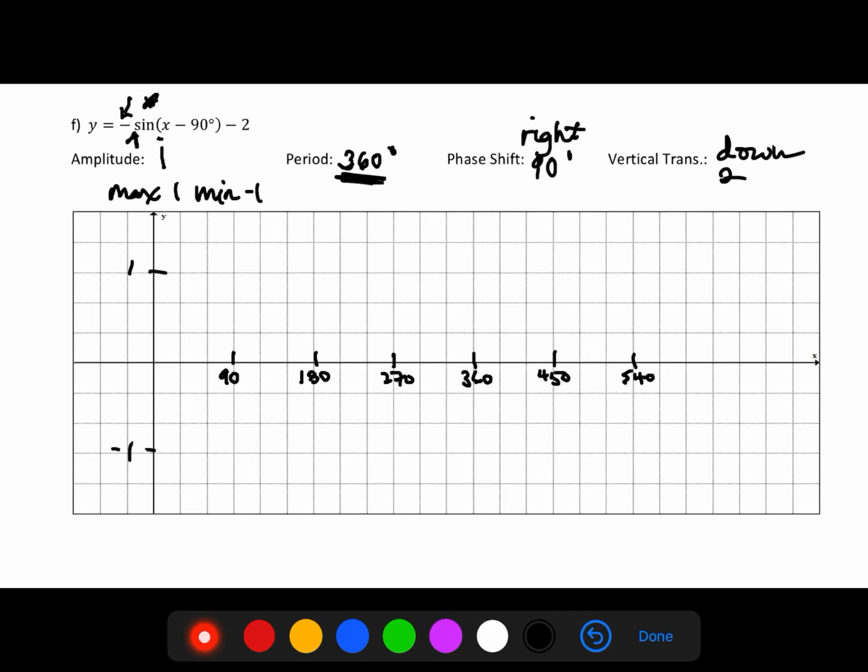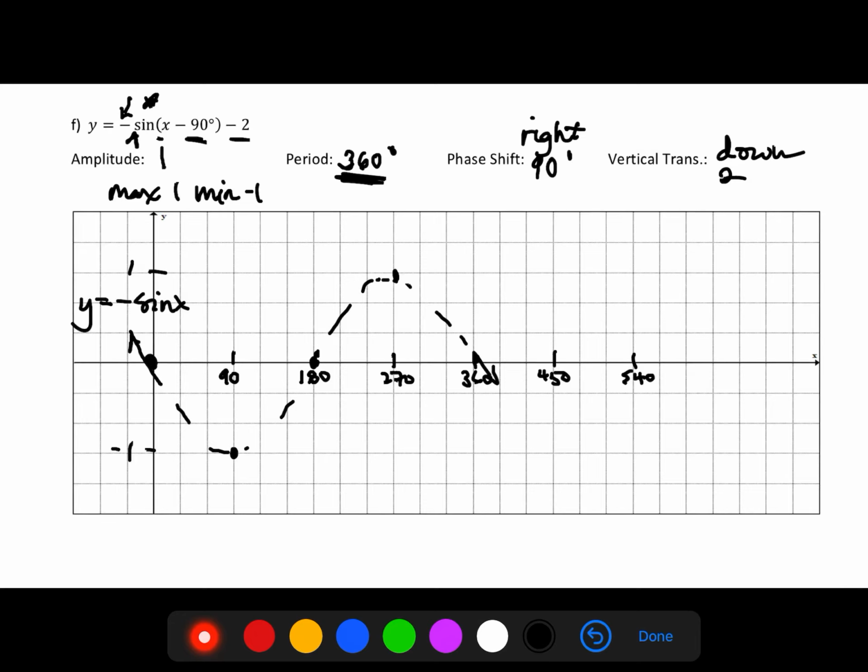Okay, and again, plotting first of all, let's say our y equals negative sine x. Normally we would go to positive 1 at 90. Reflection in the x-axis means that we're going to go this way instead. So this is y equals negative sine x.